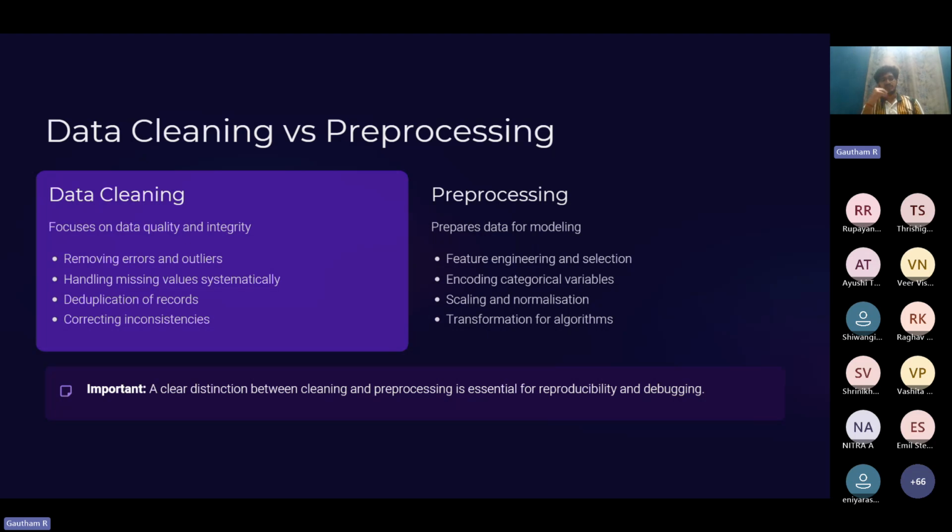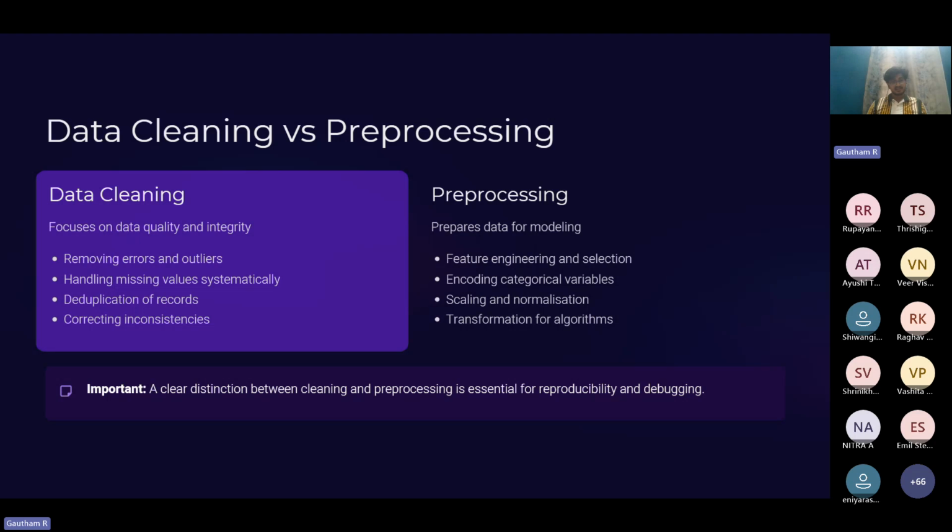So data cleaning is about focusing on data quality and integrity, while pre-processing is to prepare the data for modeling. Each model requires some kind of data as input. We can't give any data to any model. So pre-processing is like preparing the data for readiness and correctness.